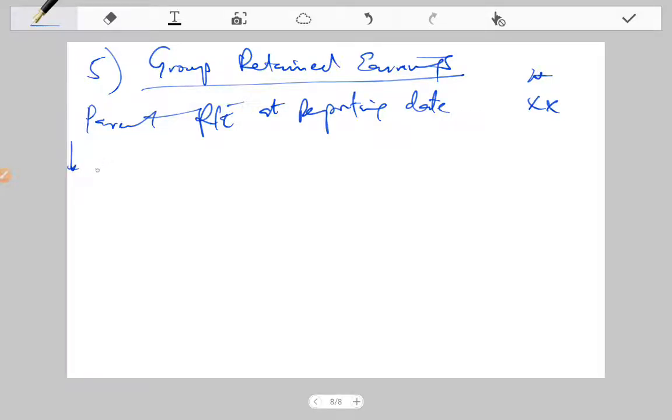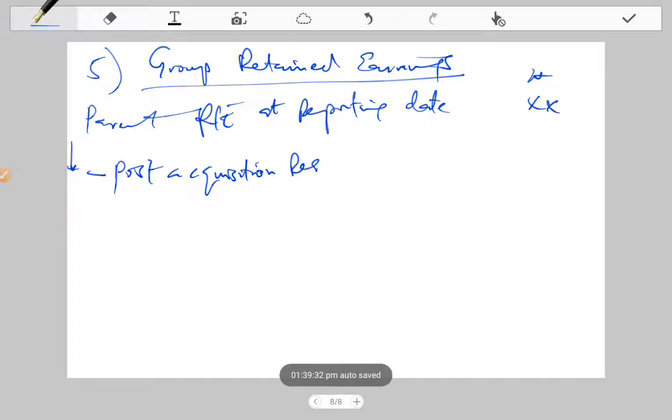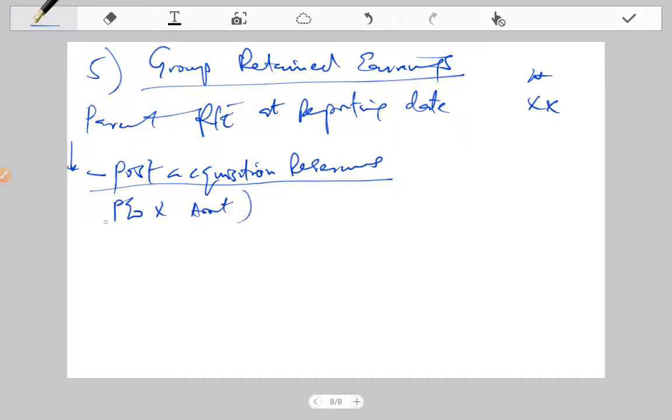So what are the things we get from the subsidiary? We have the post acquisition reserve, which is something that we need to look at. The post acquisition reserves attributable will be the parent percentage times the amount that we have calculated earlier.